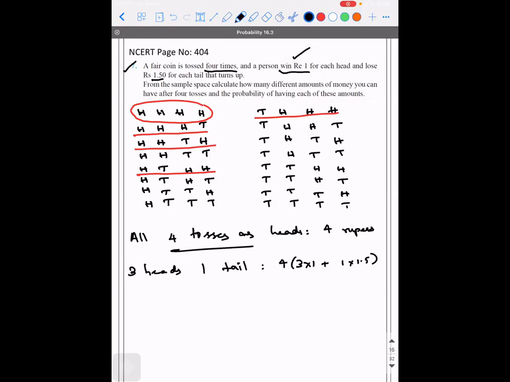So that will be 4. How much will be the answer?